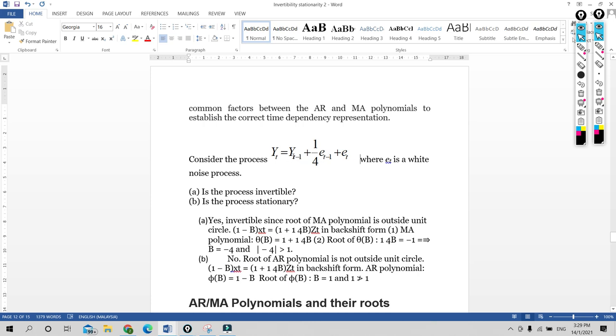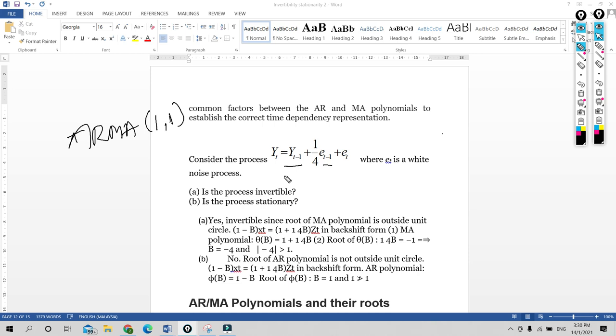So this model is an ARMA(1,1) model. I want to show you how to find the invertibility.